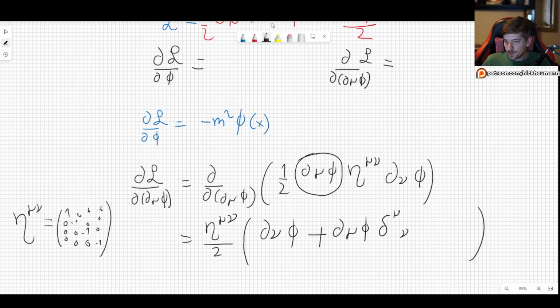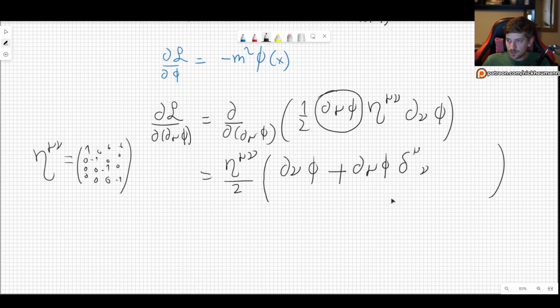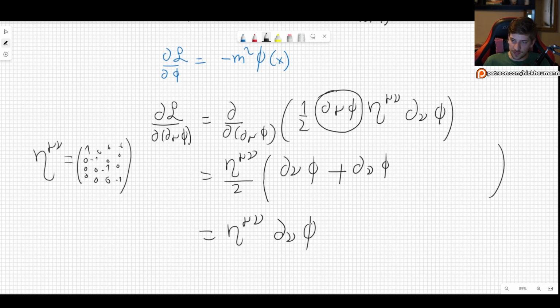Okay, so by doing that, the only possibility here is that μ and ν have to be equal, so that means that this here has to be the derivative ν. Okay, so the ν derivative. So both of these are the same, so we get 2 times that, so we get η_μν times 2 times this, it cancels out with the 1/2, and the ν derivative here of the field.